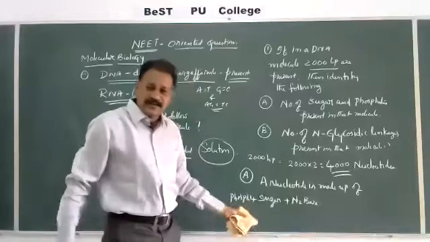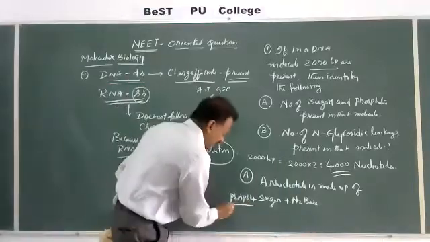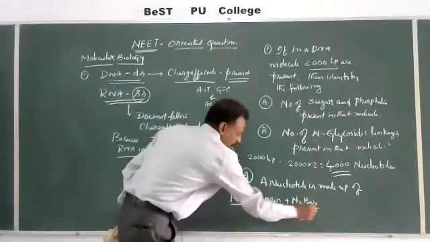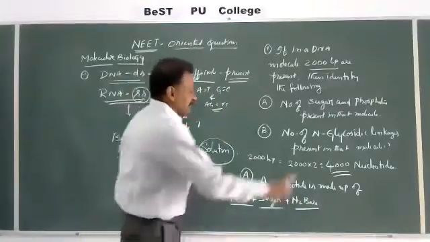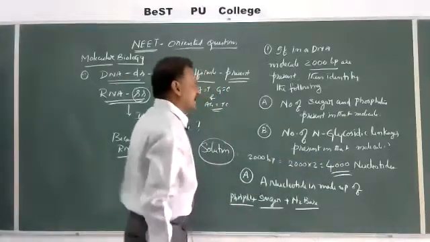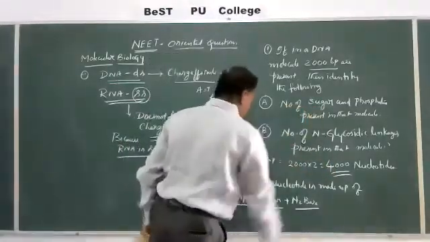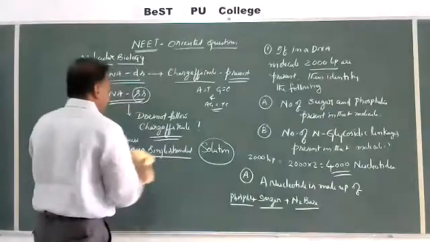So every nucleotide is made up of a phosphate group, a sugar molecule, one nitrogen base. It means if 4000 nucleotides are there, the number of sugars should be 4000. Answer.